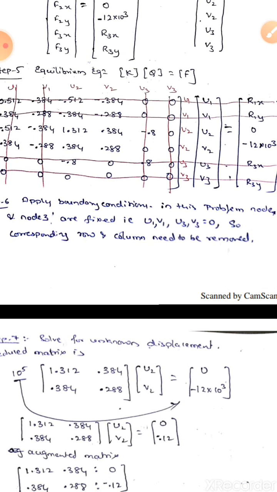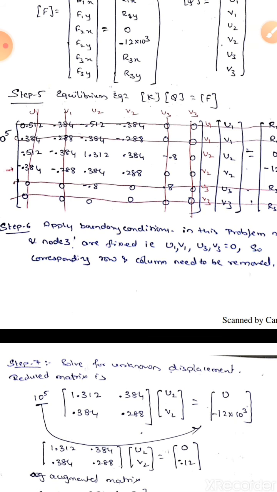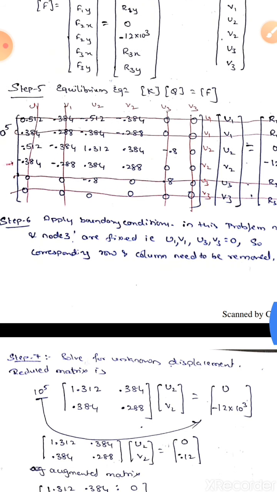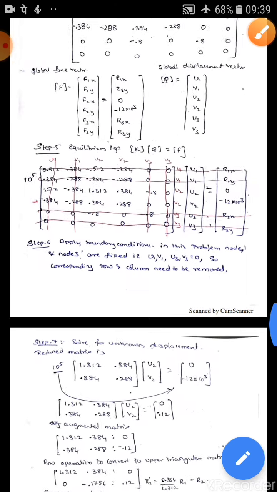Instead of writing the above matrix again and again, I have implemented this boundary condition in step 5 only. Eliminating those rows and corresponding columns is done in this step, step 5. That is, the u1 row is 0 because u1 v1, u3 v3 are all zeros.